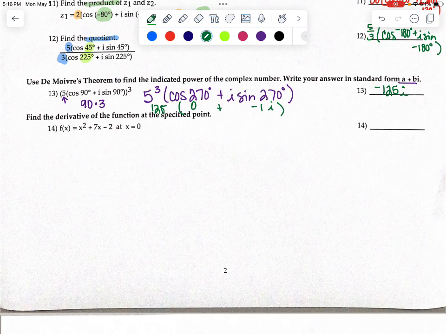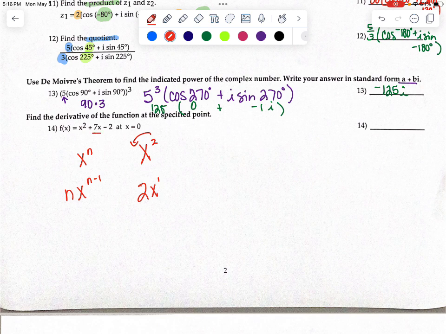Alrighty, last ones. Starting with number 14, we're finding the derivative of the function at the specified point. So we're going to use the power rule, the sum rule, and the constant rule. If you remember, the power rule is if I have x to the n and I want to find the derivative, it's just n times x to the n minus 1 power. So that's exactly what I'm doing with that x squared. Now this x squared happens to not have anything in front of it. Really, there's a 1. So I'm just going to bring that 2 down, and that's going to become 2x to the first power, or just 2x.